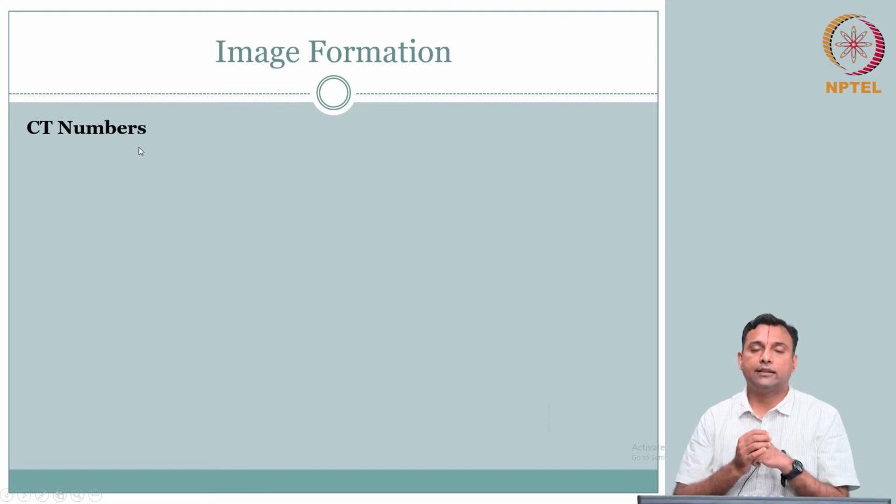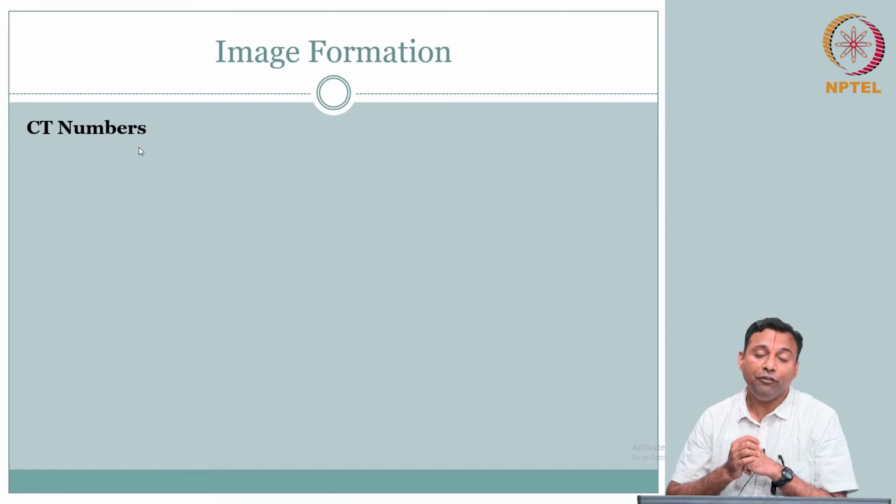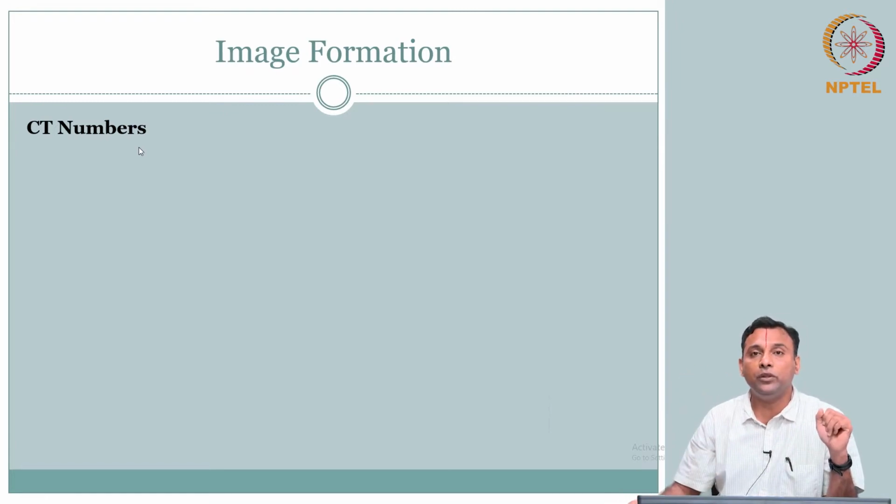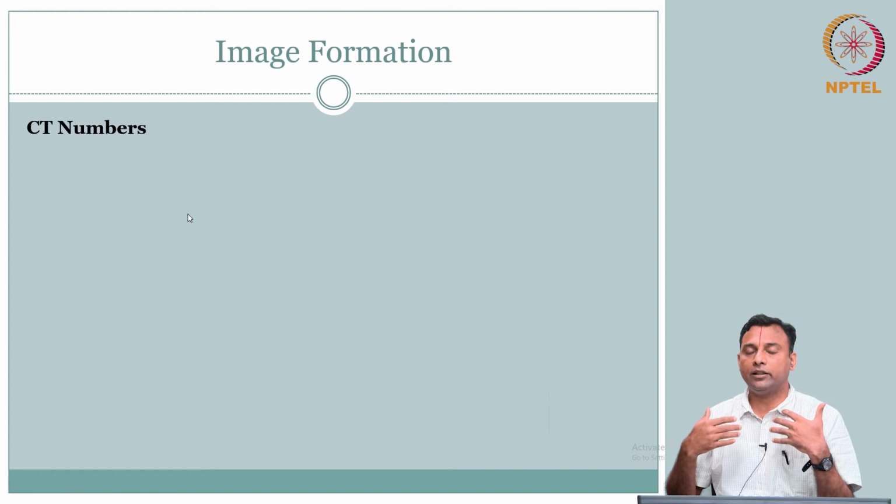we convert this mu into what we call CT numbers. If you had a chance to look at the CT text, you would have seen the units. They call it the CT number, and they also call it Hounsfield units. So what do they do? Essentially, what are the tissues of interest to you?